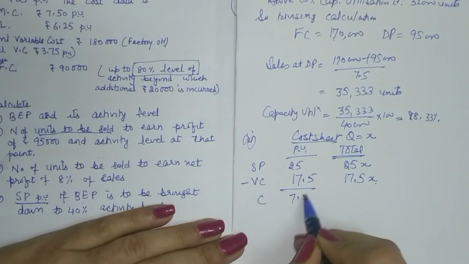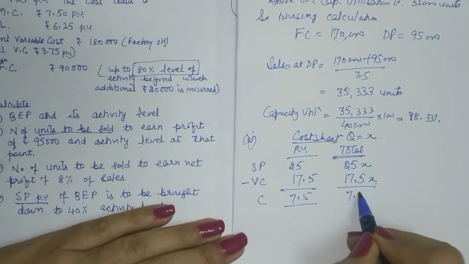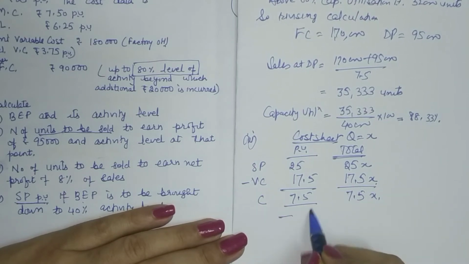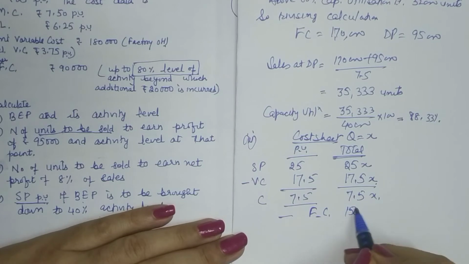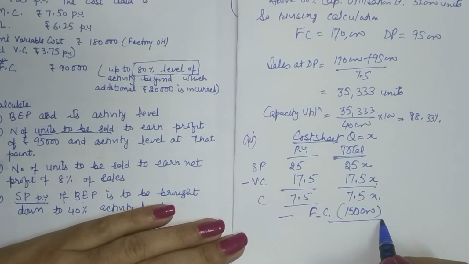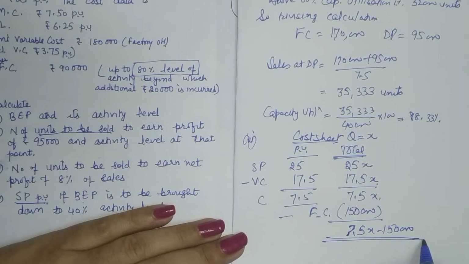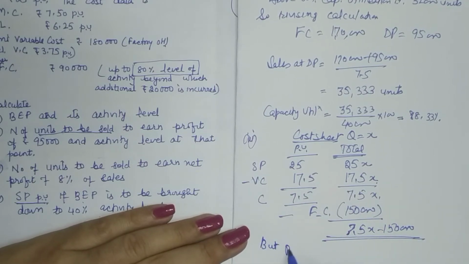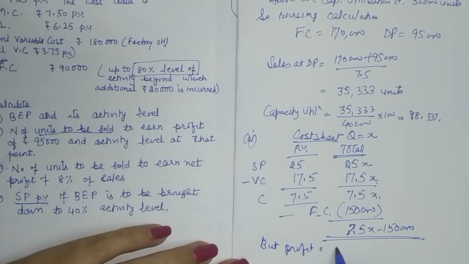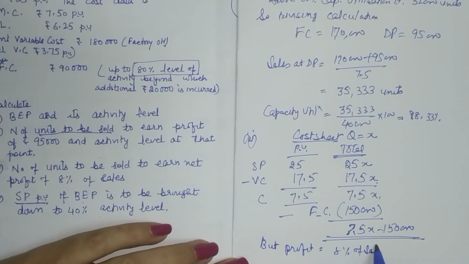Contribution is 7.5. So our contribution is 7.5x. Less fixed cost, again we'll assume first of all 1,50,000. So our profit is going to be 7.5x minus 1,50,000. Right?